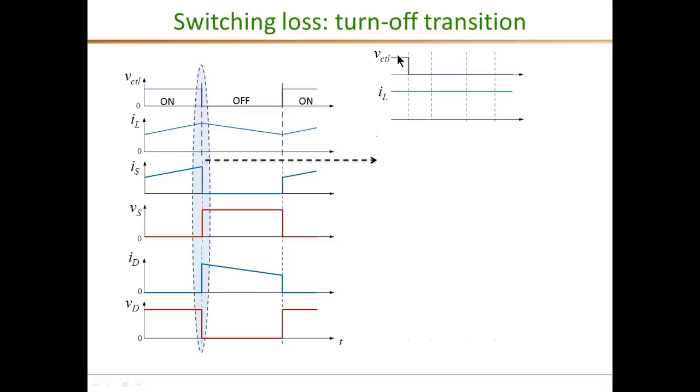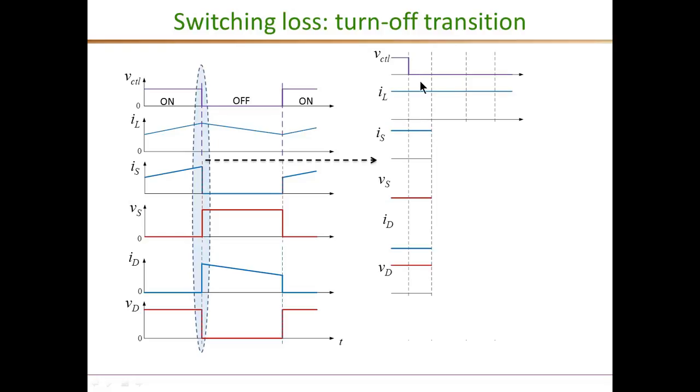This is the control voltage coming from high value to 0. The inductor current in that small interval, which could be tens of nanoseconds or hundreds of nanoseconds depending on the device, is almost a constant. Zooming in on these 4 waveforms, the 2 voltage and 2 current waveforms of the MOSFET and the diode.